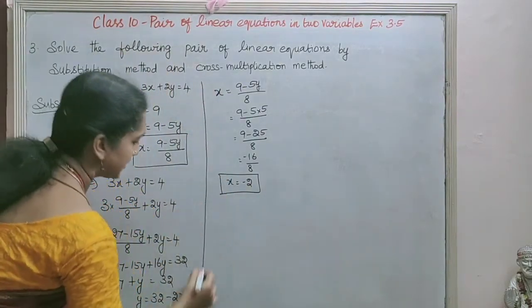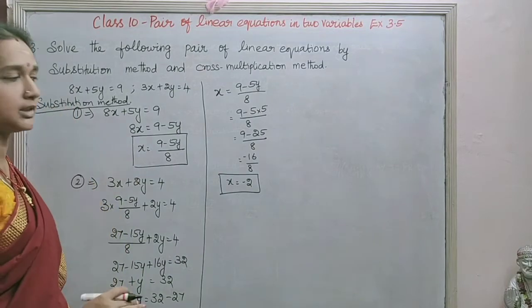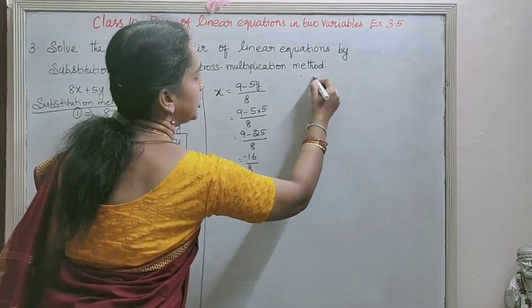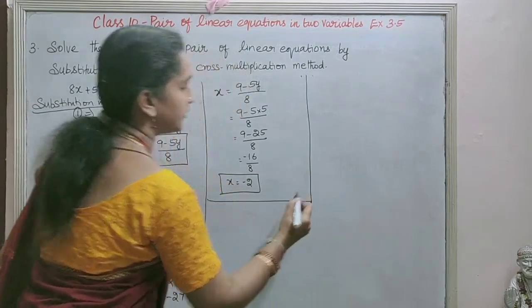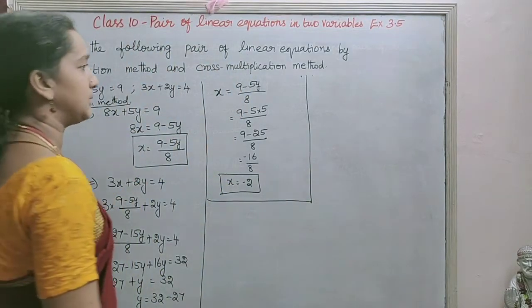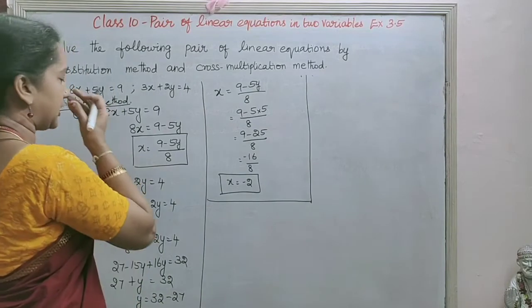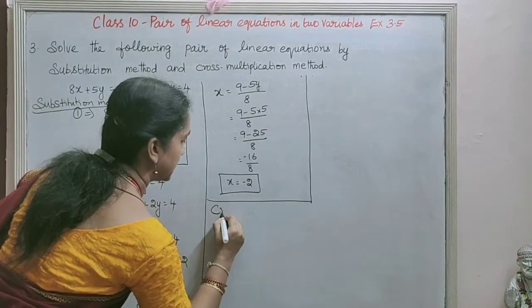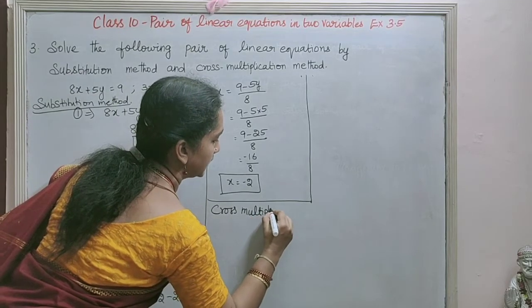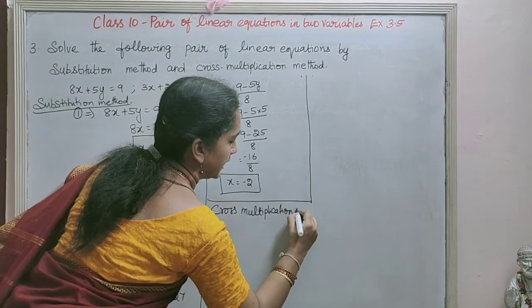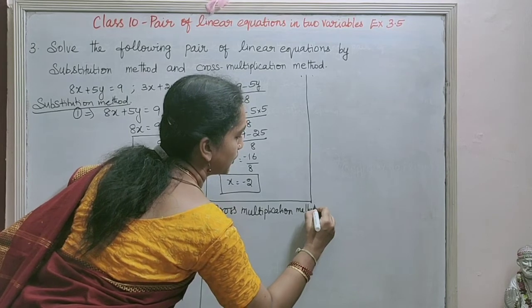Now the substitution method is over. Now I am going to do the cross multiplication method. That is what they asked us to do.